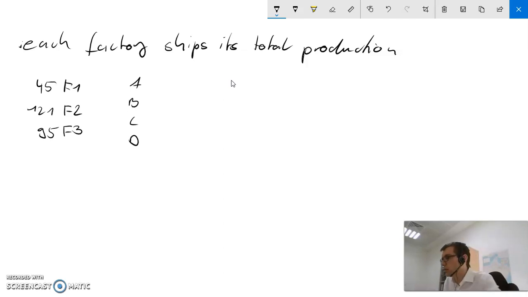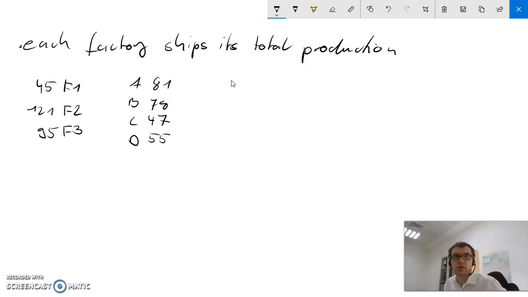Customer A requiring 81 cases, customer B 78 cases, customer C 47 cases each day, and finally customer D requires 55 cases per day.